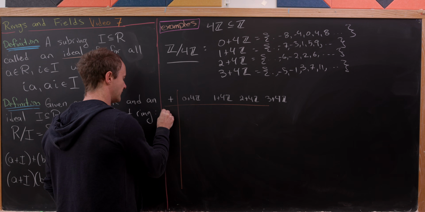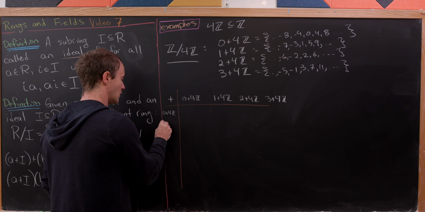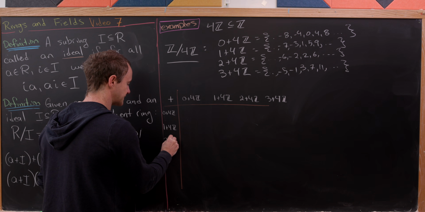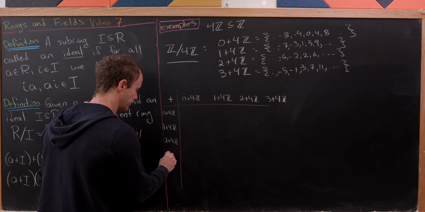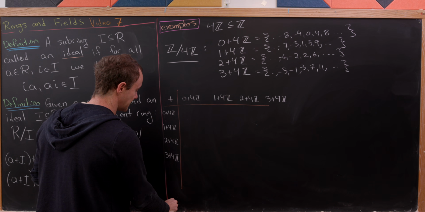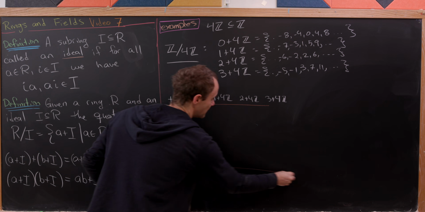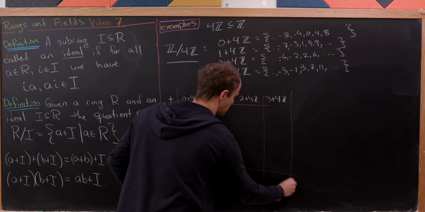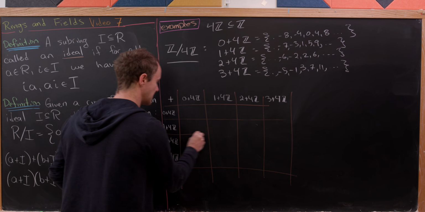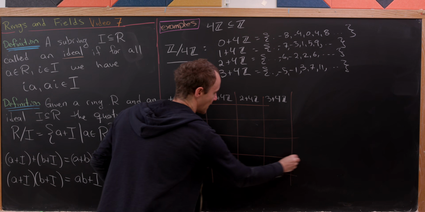And then here we'll have 0 plus 4z, 1 plus 4z down this column, 2 plus 4z, and 3 plus 4z. Now let's do some calculations to see if we can get an idea for the additive structure of this quotient ring. So this shouldn't be that big of a headache.